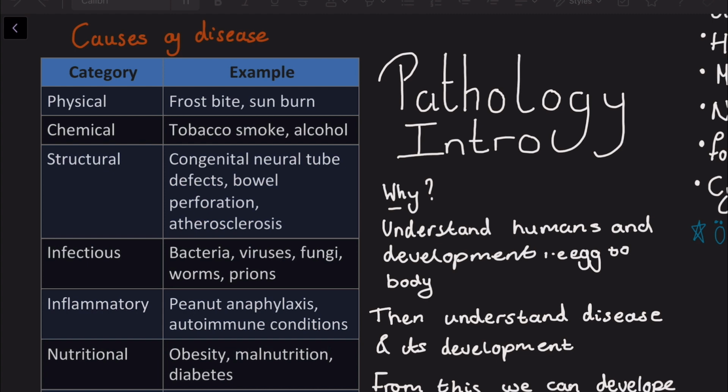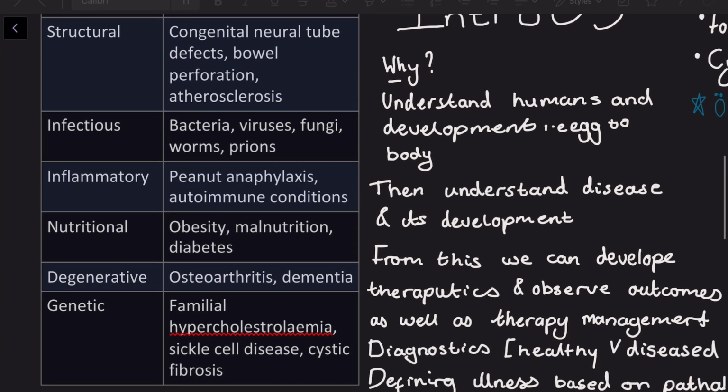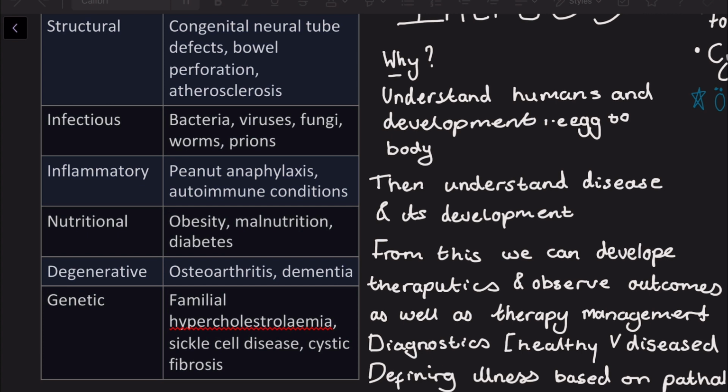So, for example, when you're being born, if the neural tube doesn't develop properly, or if you have a hole in your bowel, things like that. Disease is caused by infections, and inflammatory diseases such as autoimmune conditions and things like anaphylaxis, so being allergic to stuff.